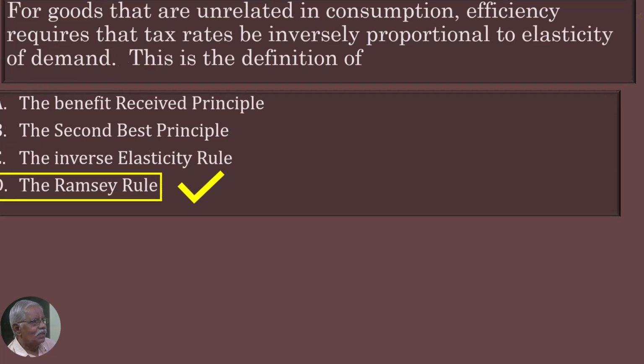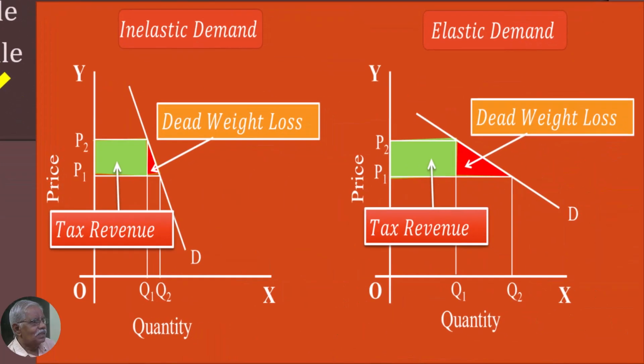Why? Look at this graph. Left side graph shows an inelastic demand good. The right side represents elastic demand good. The same tax rate is applied. In case of inelastic demand, dead weight loss is less.